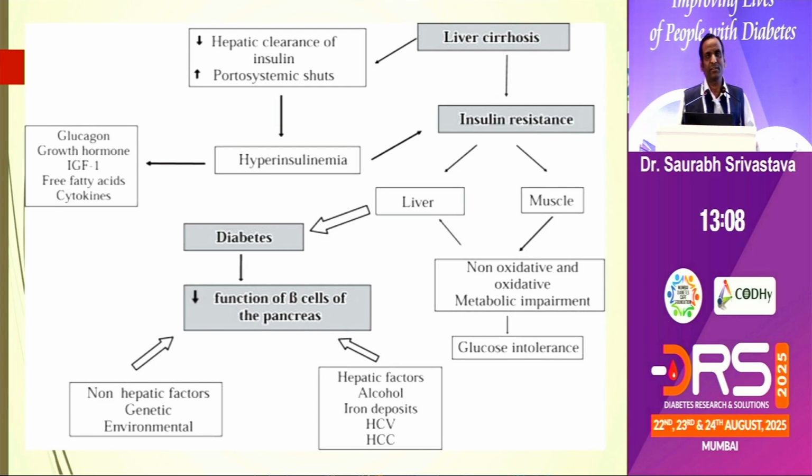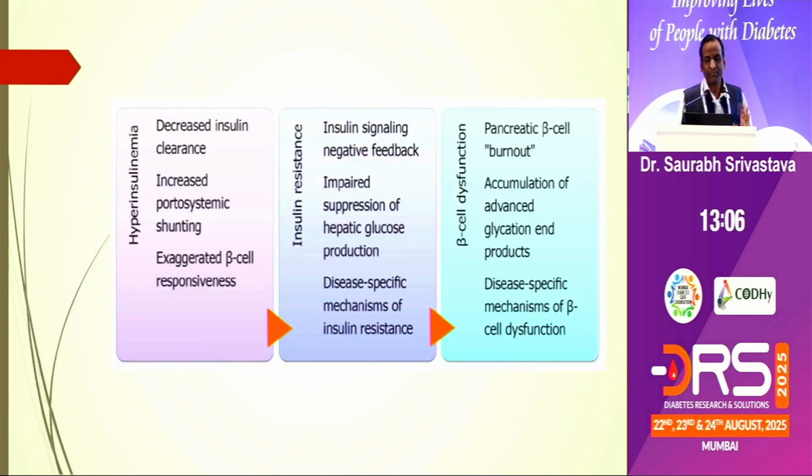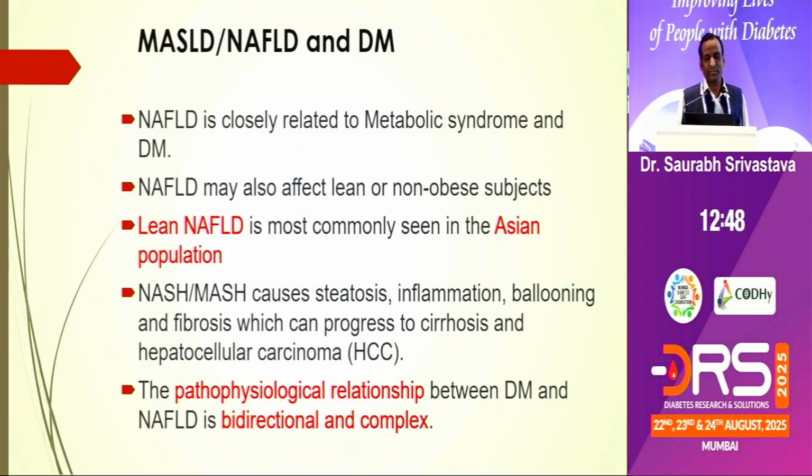So all the setting is of hyperinsulinemia, and this is what sir has already told as hepatogenous diabetes, that there is hyperinsulinemia in cirrhotic patients. There is insulin resistance and ultimately beta cell dysfunction, which can lead to diabetes even if the patient is non-diabetic and only has chronic liver disease.